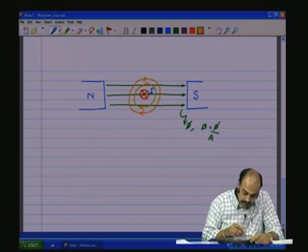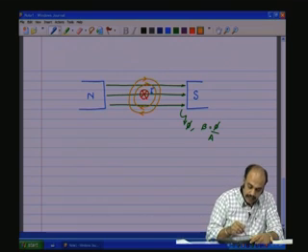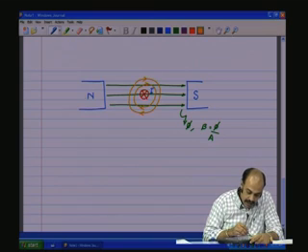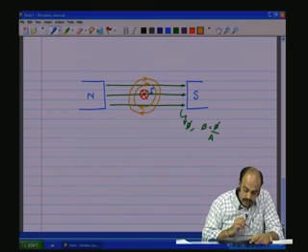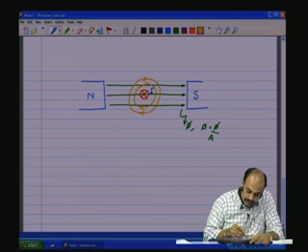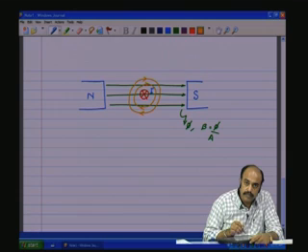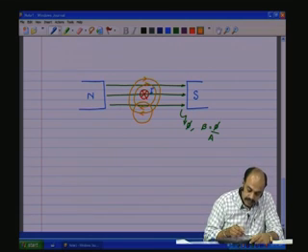So now you see what's happening. The field produced due to the current, the orange ones which are shown, and the field of the permanent magnet, they both are going to interact. Above the conductor, the field produced by the current in the conductor is aiding the north-south field, and below the conductor, the field produced by the current flowing in the conductor is against the magnetic field of the north-south magnet.